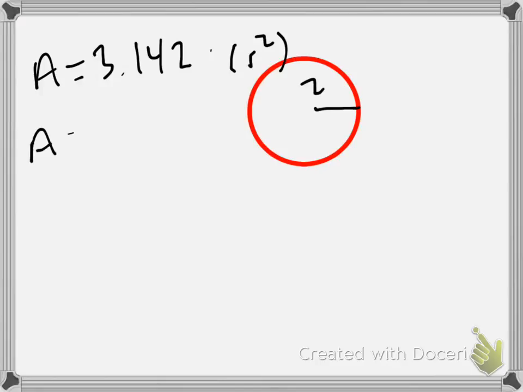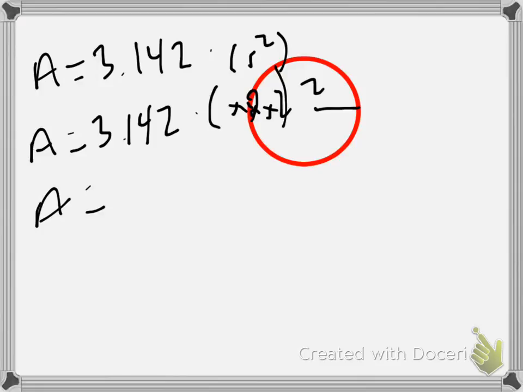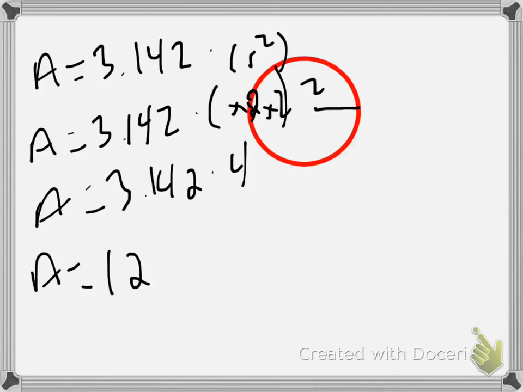We end up with 3.142 times 2 times 2, so 3.142 times 4, and approximately we know it's going to be 12. Area equals 3.142 times 4 is 12.568, and then the unit of measurement, we'll say this one was meters, meters squared.